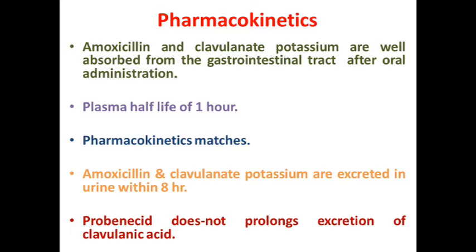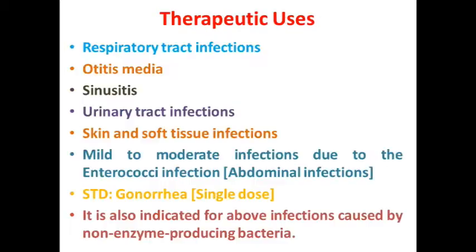And probenecid does not prolong excretion of clavulanic acid. So it may have an impact on amoxicillin, but as far as clavulanic acid is concerned, it doesn't have that impact. But anyway, we add it to these drugs, especially in the treatment of gonorrhea along with amoxicillin. Anyway, we'll come to those points in a few slides to come.